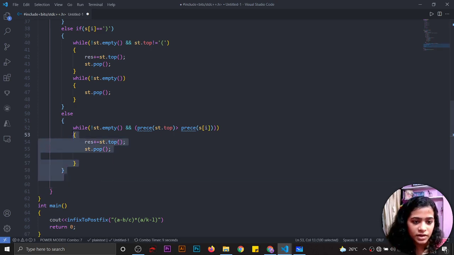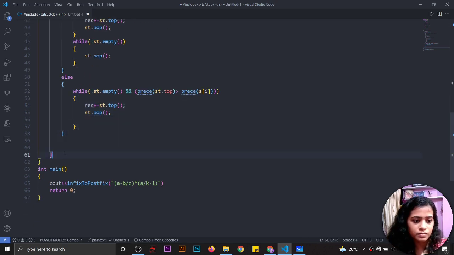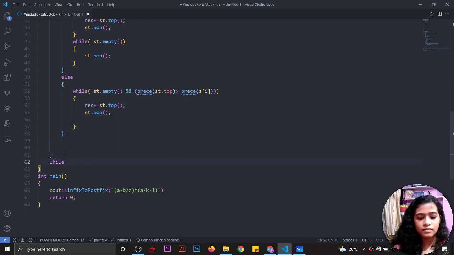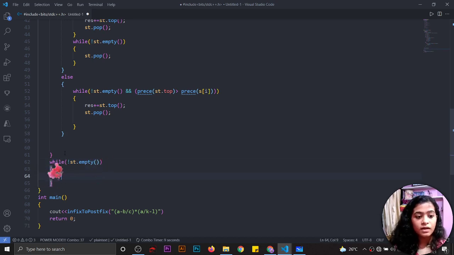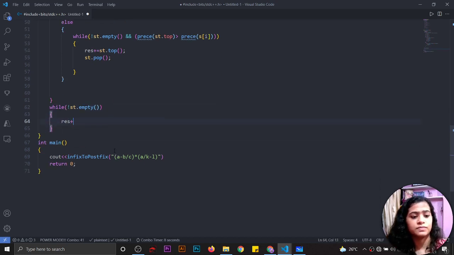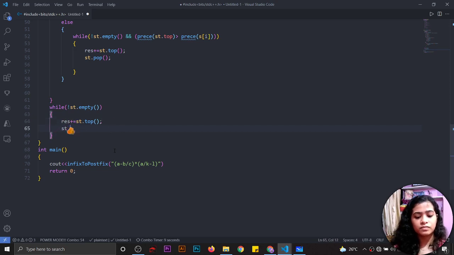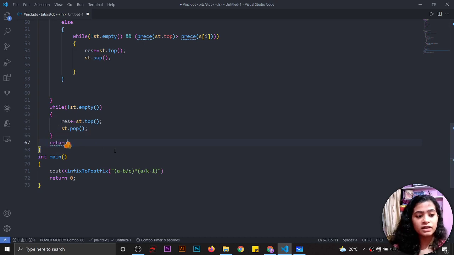So this is completed, and now we will check if there is any symbol or operator present into the stack. Then we are pushing it into the answer. And then we are popping it. And then finally we are returning result.